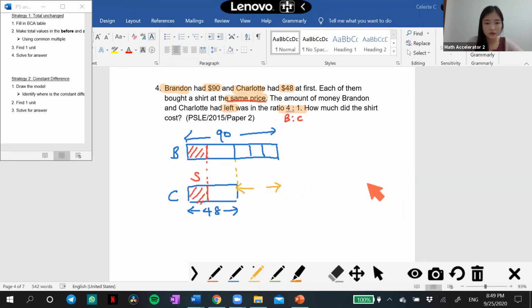Yes, good. 3 units, and you can find it by taking 90 minus 48, which is 42. So there's 42 here. That's 3 units, so find 1 unit. Yep, 14. Right, and then find the shirt. So how do you find the shirt?